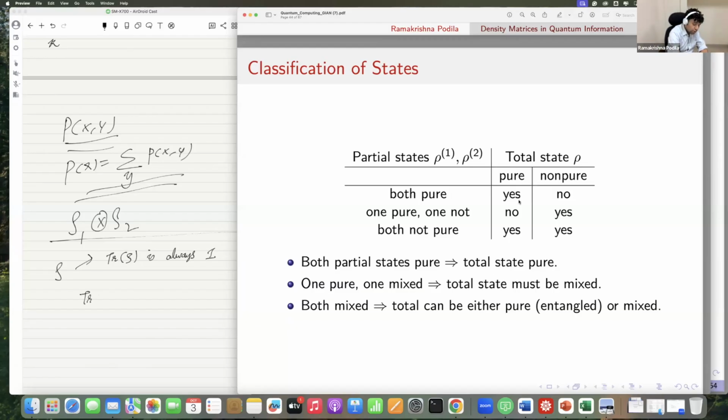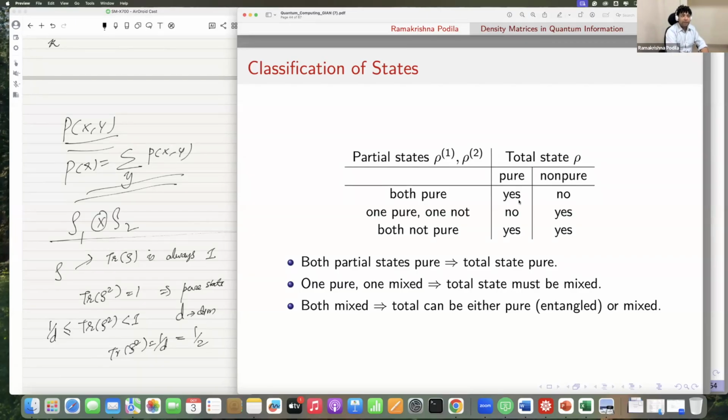But if the trace of rho squared is 1, then that's what we call a pure state. And if the trace of rho squared is less than 1, and greater than 1 over d, we have a mixed state. But if the trace of rho squared is equal to 1 over d, where d is the dimensionality of the system, that is, for a qubit the dimensionality is 2, for a qutrit the dimensionality is 3, for a quartet it's 4. So for a qubit, if the trace of rho squared is half, then we say that's a maximally mixed state.